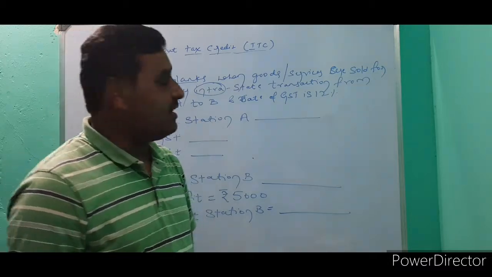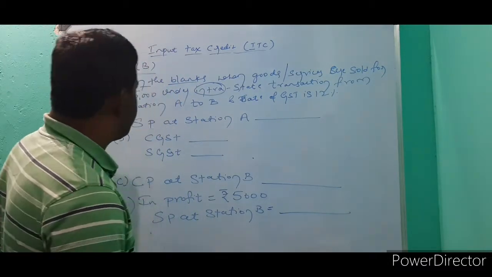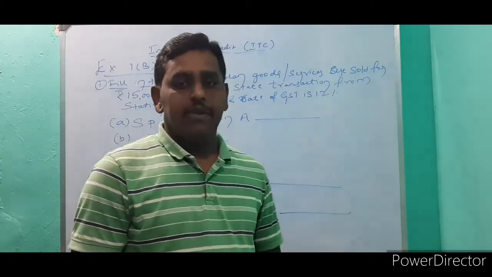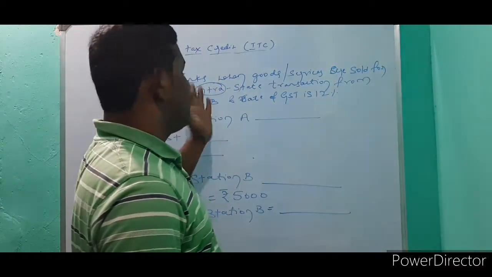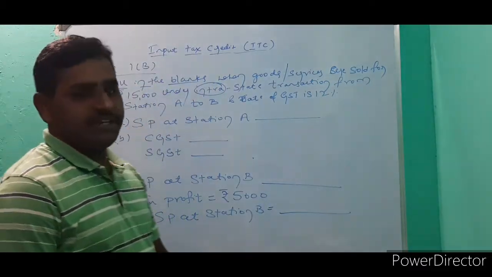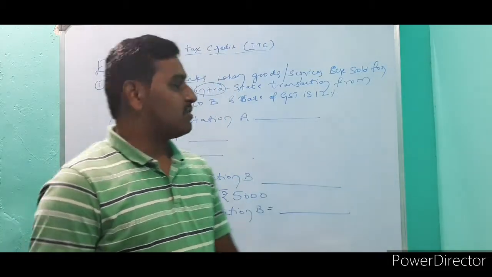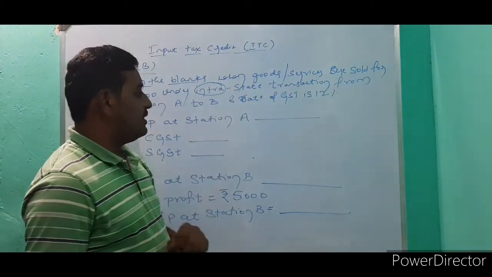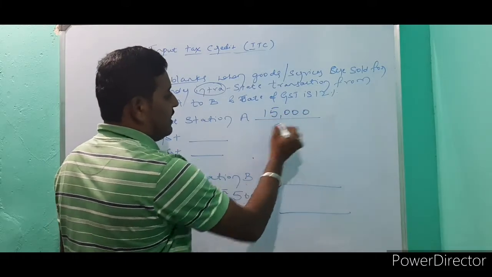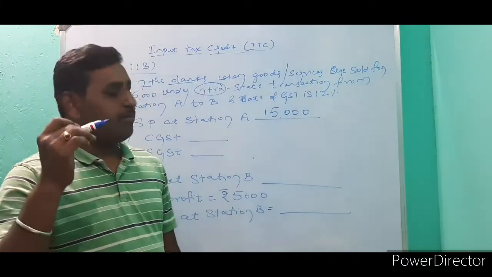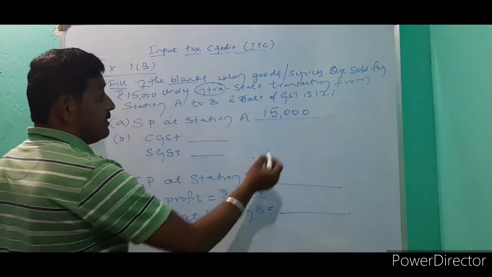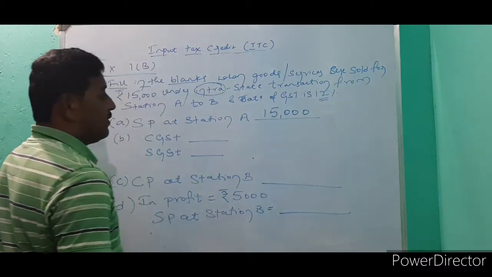Intrastate means a CGST and SGST transaction from station A to B at a GST rate of 12%. So goods are sold from A to B at 12% GST. What are they given? The cost of the goods, 15,000, is the selling price of A to B. Now we have to find CGST and SGST for this 15,000 at the GST rate of 12%.